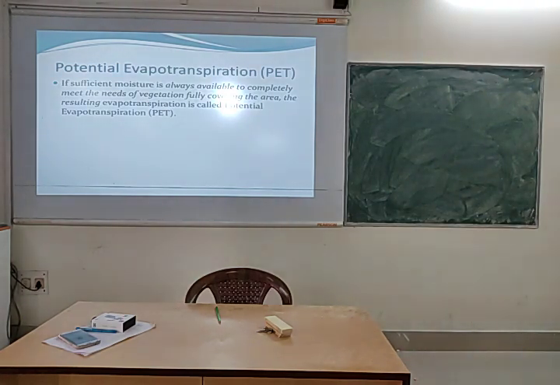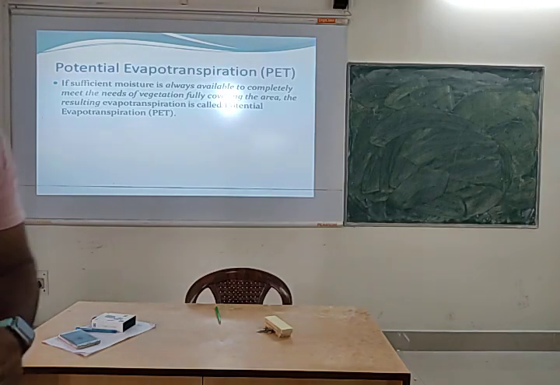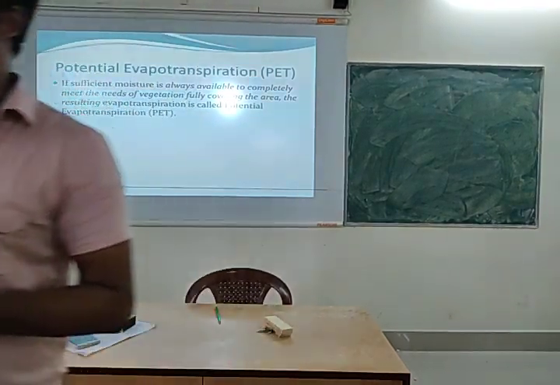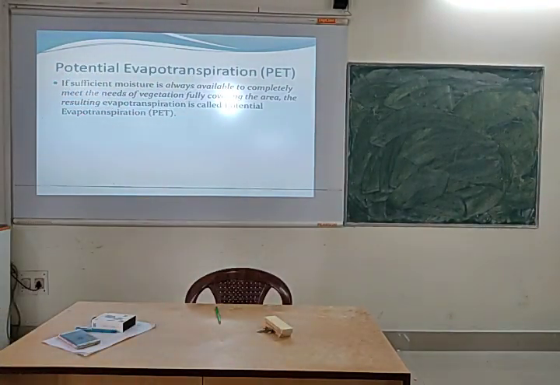That means what? Obviously, if there is no water or less water present in your land for the vegetation, evapotranspiration will be less. And if it is higher, the evapotranspiration rate will be higher.